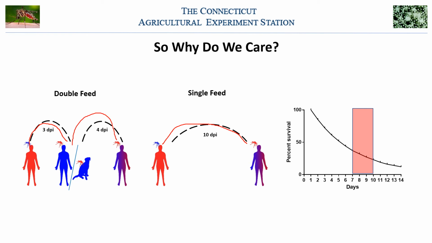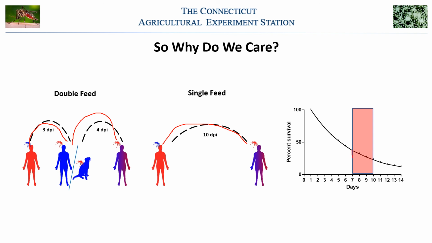This is important too, because if you factor in the survival of the mosquitoes in nature, there are a lot of things, predators, people swatting them, differences in temperature and desiccation. You have a population that is eventually decreasing over time.